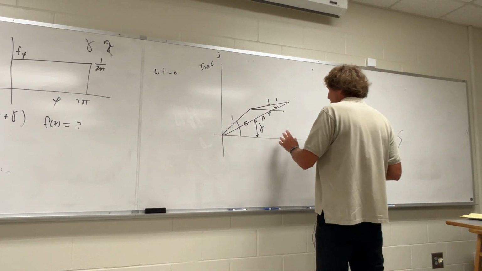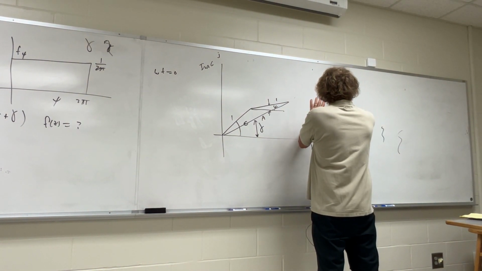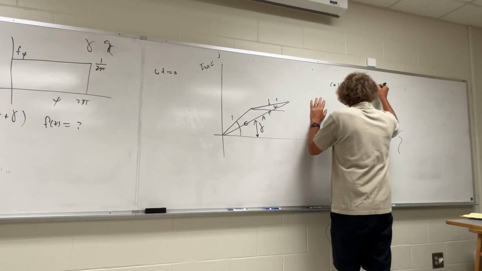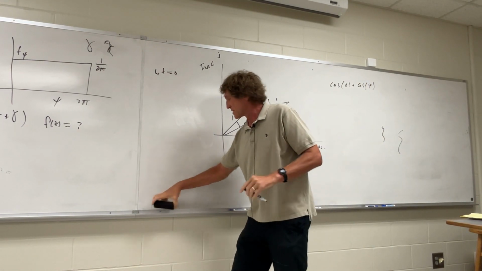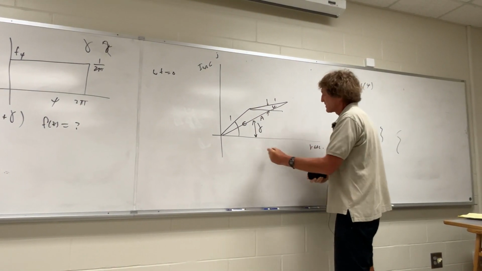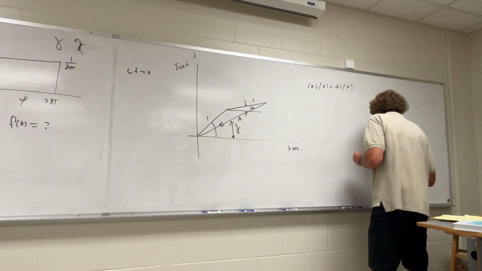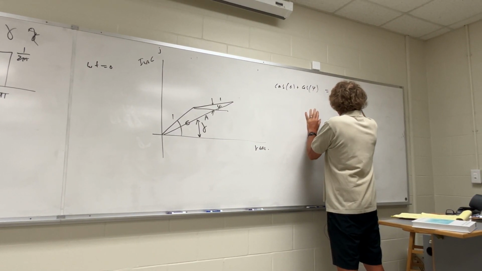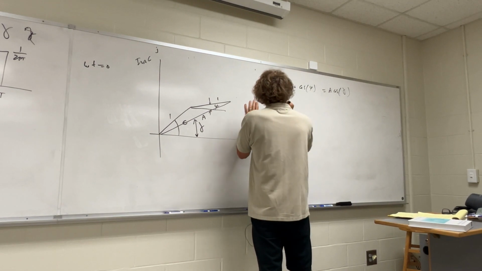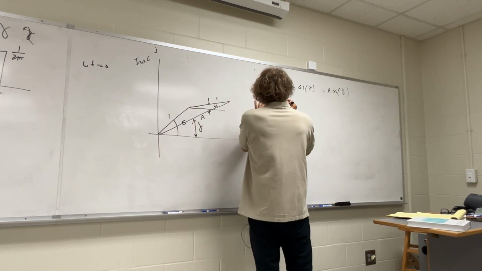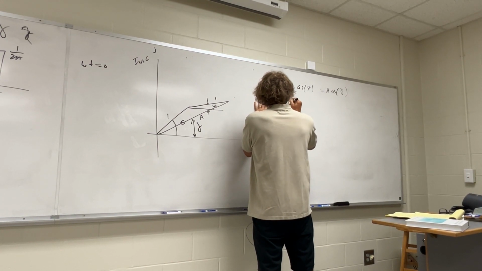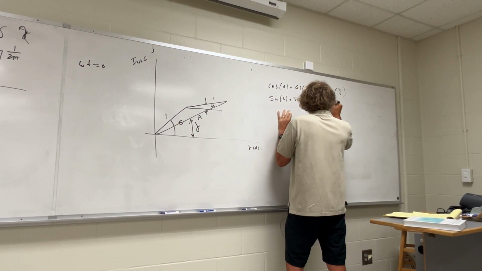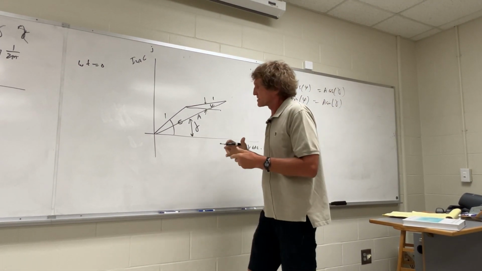So for the horizontal components, I get cosine of theta plus cosine of psi, and this has to be equal to A times the cosine of gamma. And then I do sine, for the vertical components, sine of theta plus sine of psi equals A sine of gamma. And that's the part I did.